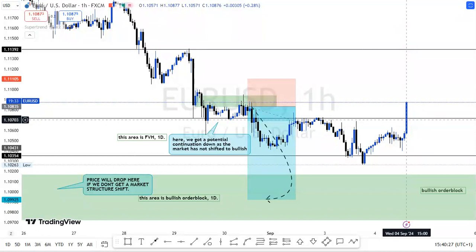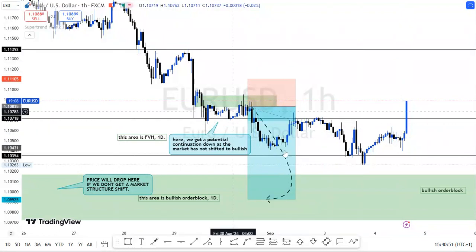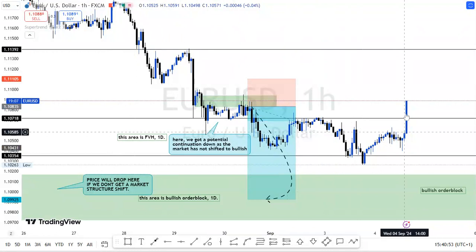Okay, and this is why you have to be very good with market structure. Fundamentals, all those things, market structure would always give you a footprint. So you can still find success even if you don't look at the fundamentals as much. Okay, so for the first time in this bearish run, we have a market structure break.